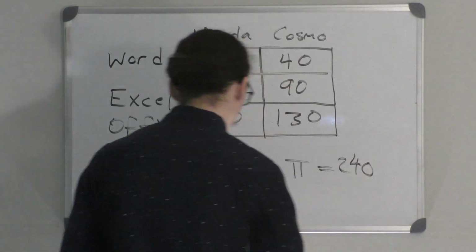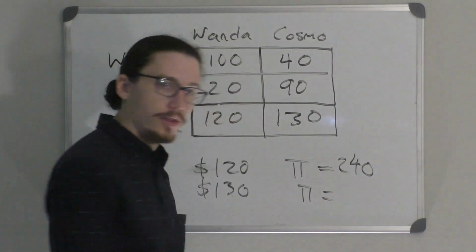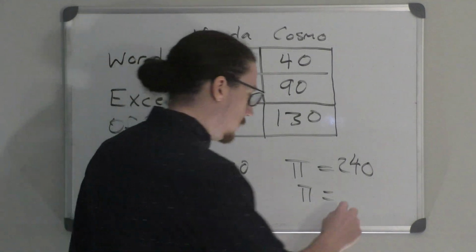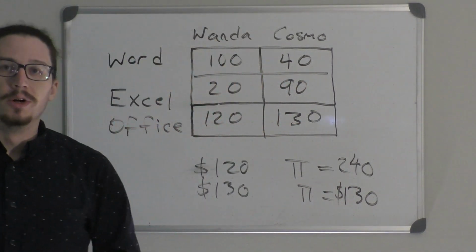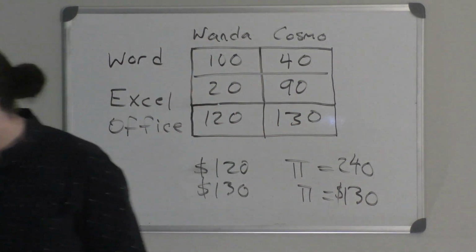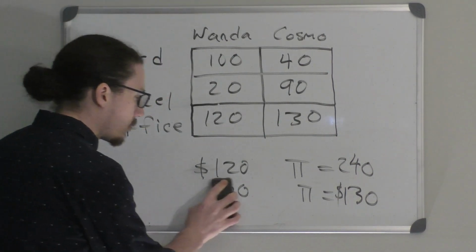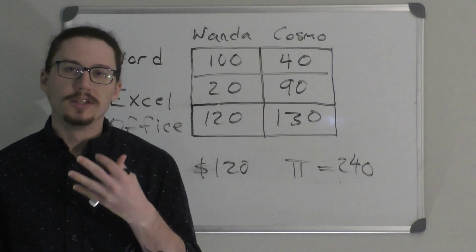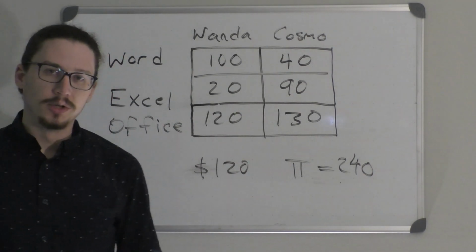So at a price of $120 for Office, for the bundle, profit is $240. At a price of $130, the profit would be $130. So once again, following the same intuition, $240 is higher than $130.